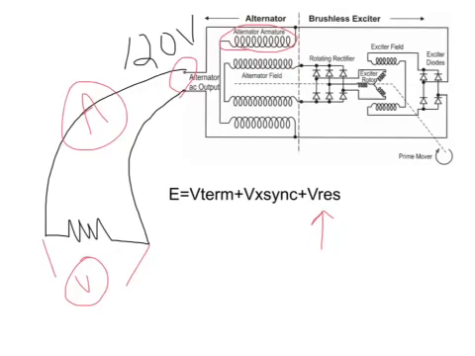So when we take our voltage drop across the inductive reactance and our voltage drop due to armature reaction and put them together, that combination is called voltage synchronous reactance, and that's represented by X sync.